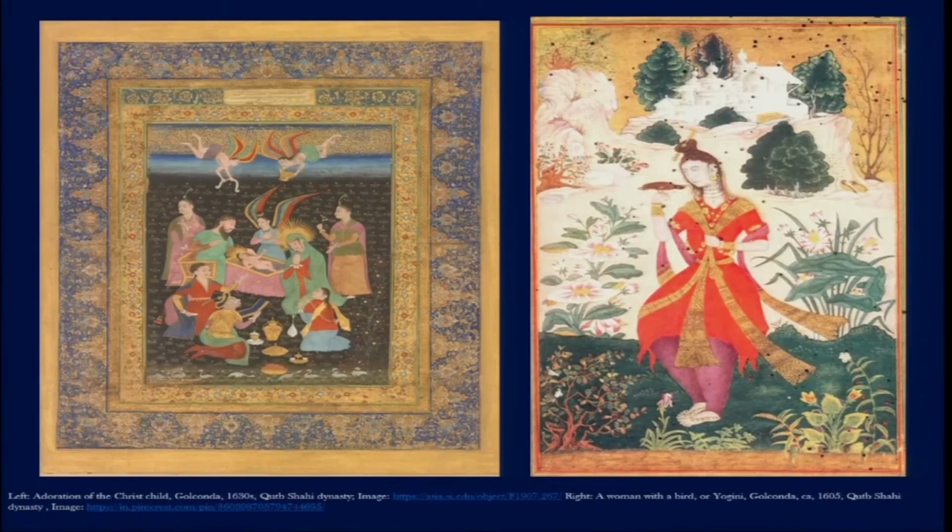So the Deccani rocky landscape comes here with this garden setup and these oversized plants. All of them contribute to this landscape, which is not really real, but is not completely away from the reality around us. So it is somewhere in between, and that gives this mystical quality to these images.